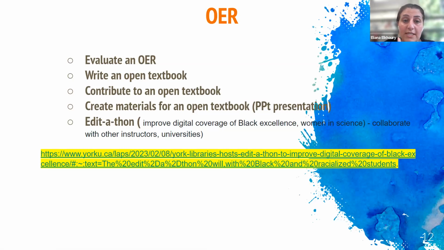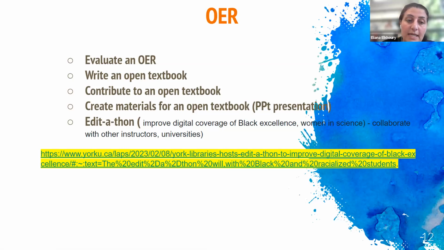What I would like to suggest here is, for example, if you are teaching literature, or psychology or sociology or business or anything, you can create these open textbooks with your students with culturally relevant examples. Also, they can contribute to an open textbook, and that would be the assessment itself. They can create materials for the open textbook. I just mentioned this, the PowerPoint presentation.